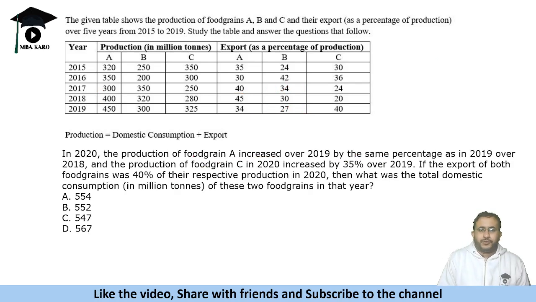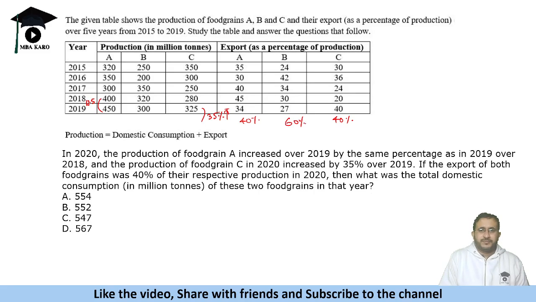If in 2020 the production of food grain A increased over 2019 by the same percentage as in 2019 over 2018, which is 12.5 percent, and the production of food grain C in 2020 increased by 35% over 2019, and if the export of both food grains was 40% of their respective production in 2020, what was the total domestic consumption of these two food grains in that year?